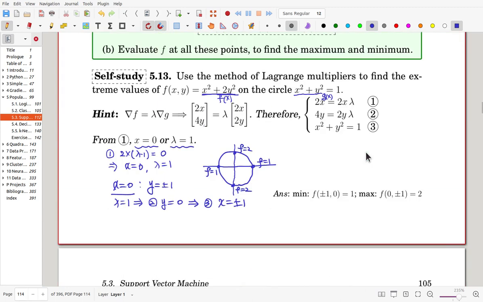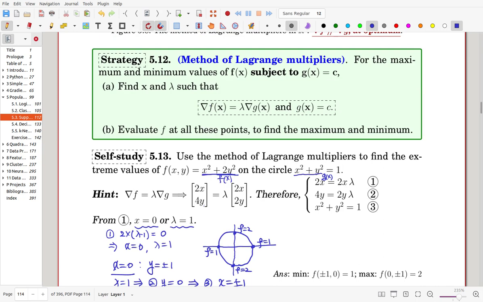And earlier in this example, we tried to use lambda for the gradient. But before differentiation, here, you may write down this one as f equals lambda g, or more generally, you may write down f plus lambda g, defining minus lambda becoming lambda.